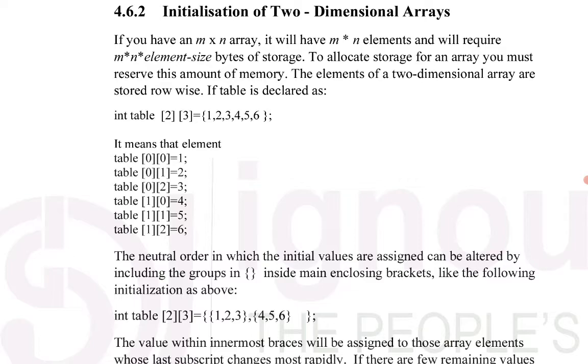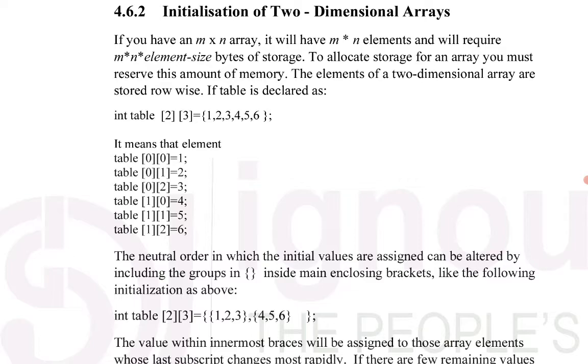For example, if you create a matrix A with m by n elements, where m is the number of rows and n is the number of columns, it will have m into n elements and will require m into n elements of bytes of storage.